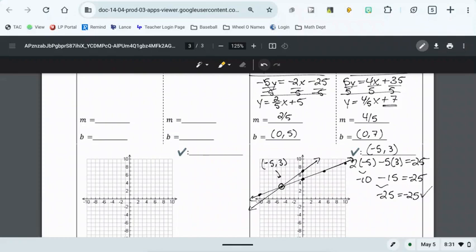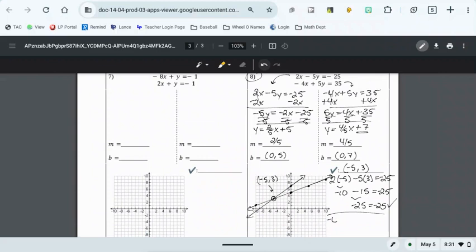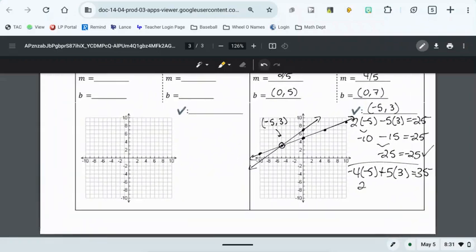So that checks out. All right, let's check the second equation. Negative 4 times our x value, which is negative 5, plus 5 times our y value, which is 3, equals 35. So that's going to give us 20 plus 15, which is 35. So that checks out.